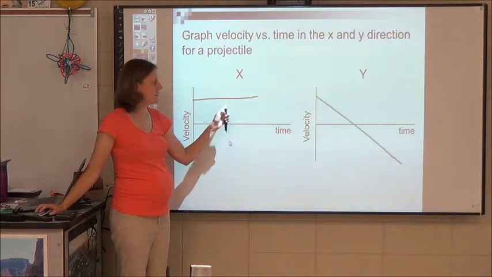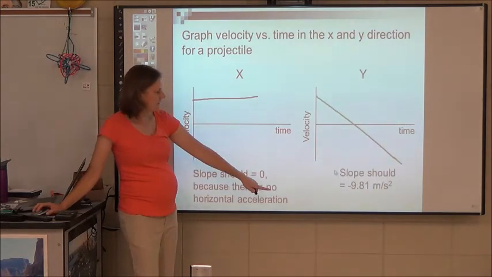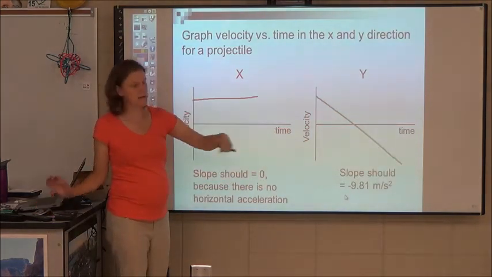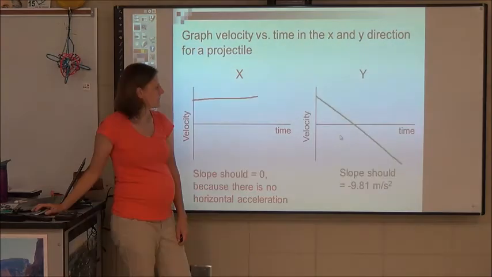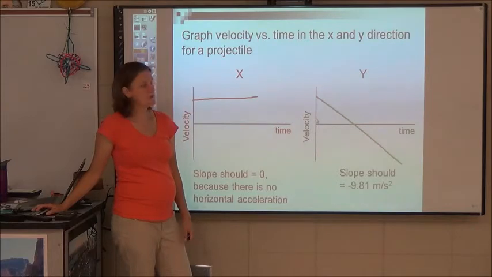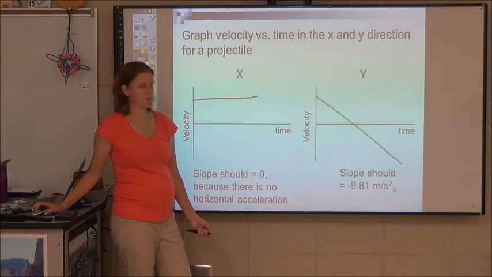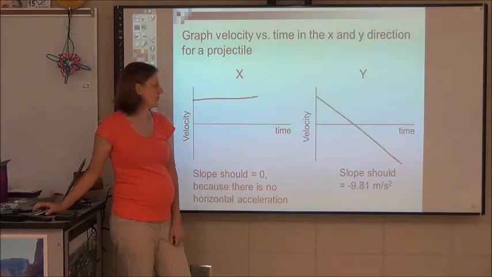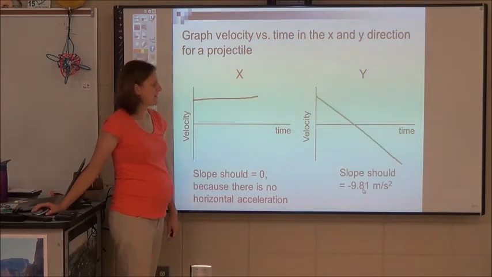There's no slope here, but this slope is clearly negative. And remember, the slope of a velocity graph is acceleration. So as we remember, the slope of a velocity graph should be negative 9.81 meters per second squared. It should be acceleration, which we could make up some numbers to make that true, but just know that it should be gravity.